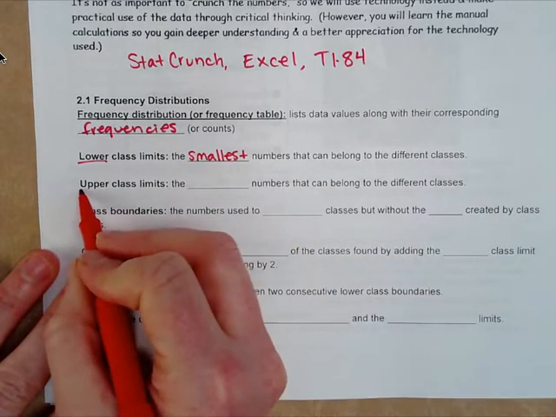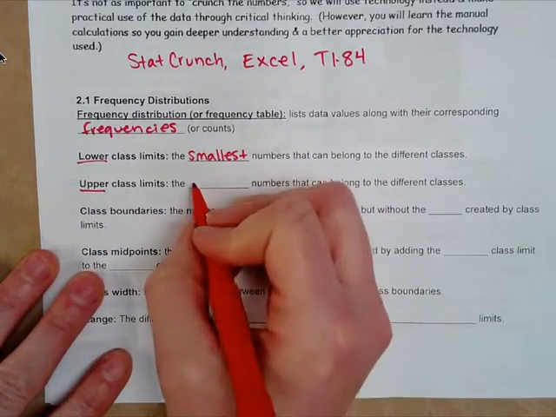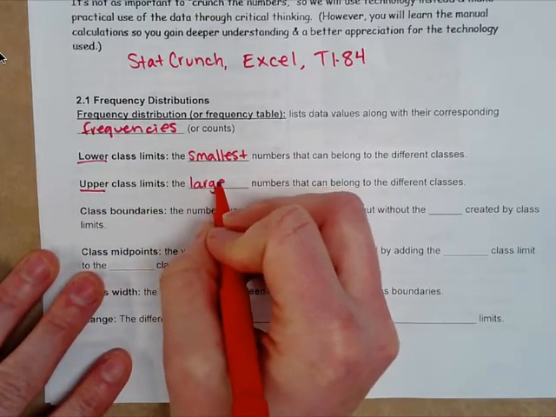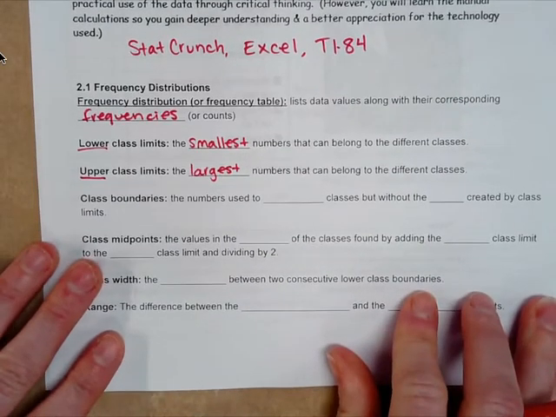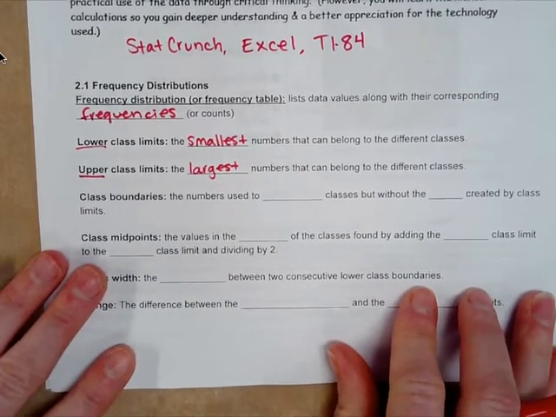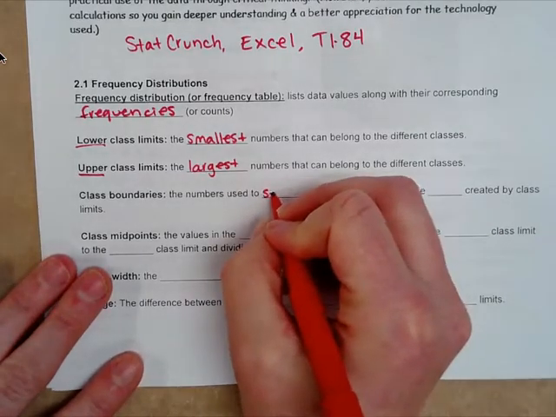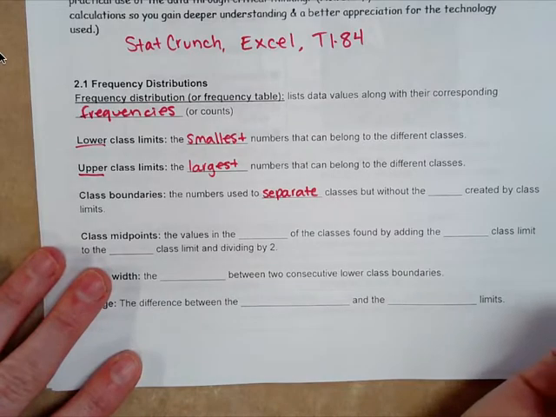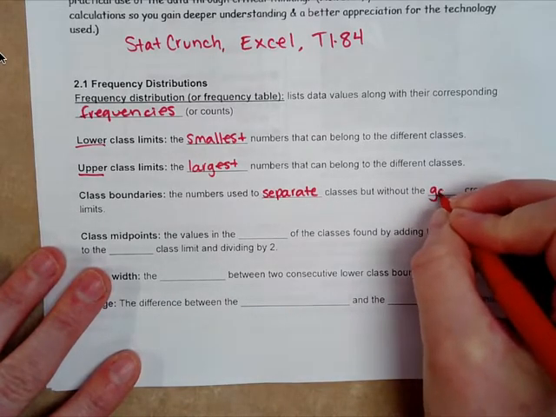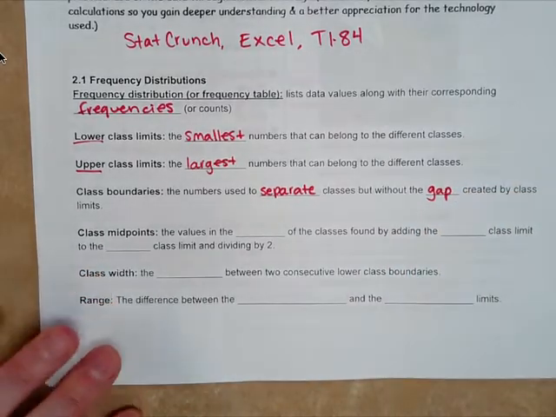Then we have upper class limits. It's the largest numbers that can belong to the different classes. Class boundaries, the numbers used to separate classes, but without the gaps created by your class limits.